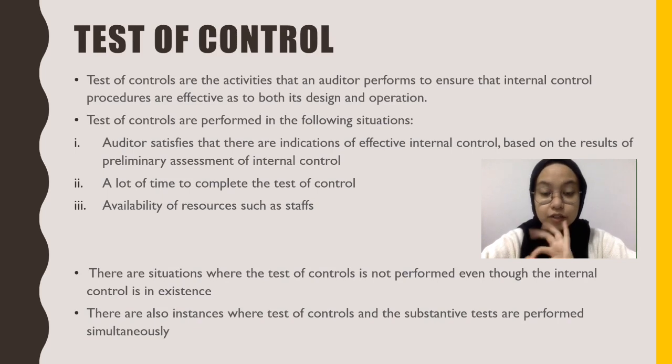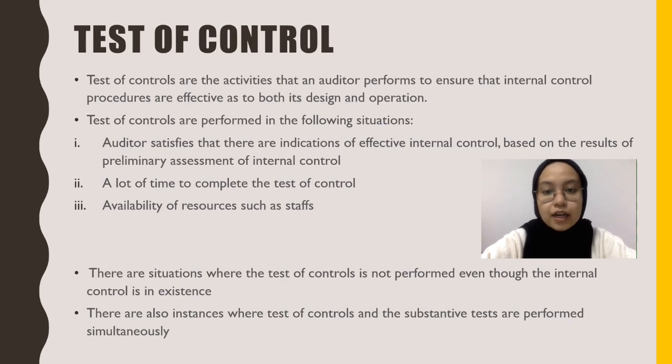There are three situations where tests of controls are performed. The first one is when the auditor is satisfied that there are indications of effective internal control based on the results of the preliminary assessment of internal control. Second, there is a lot of time to complete the test of control.